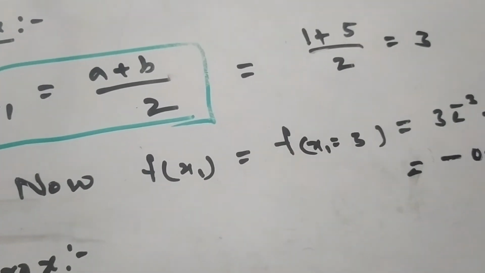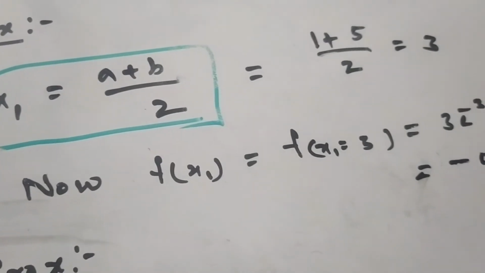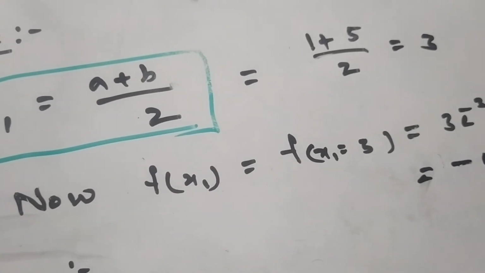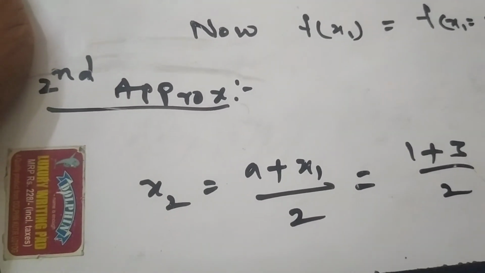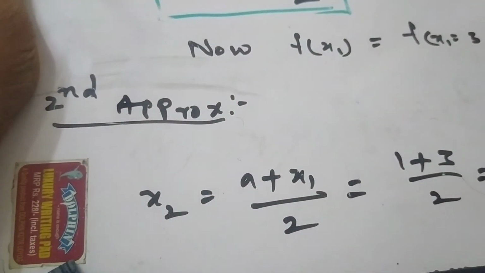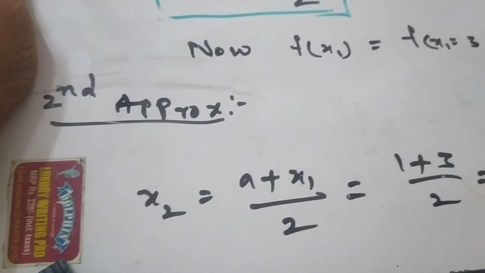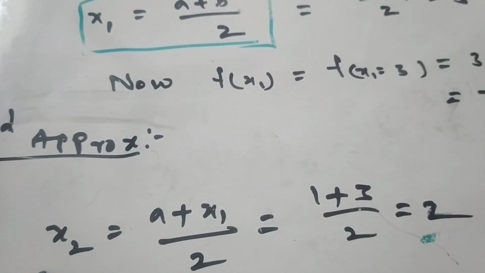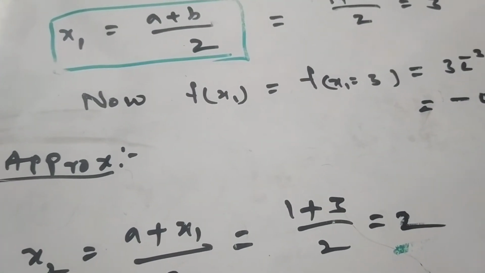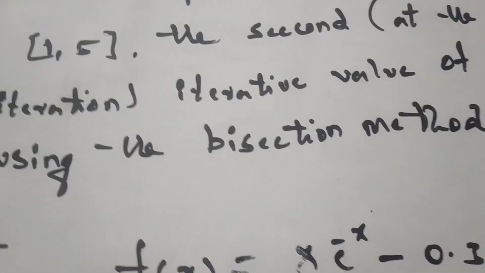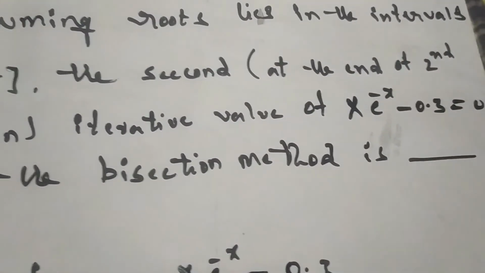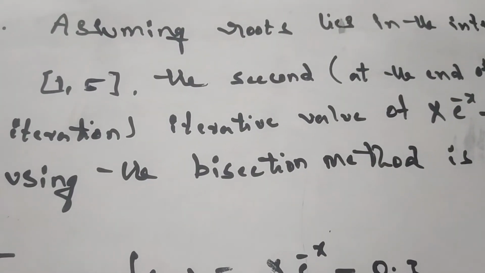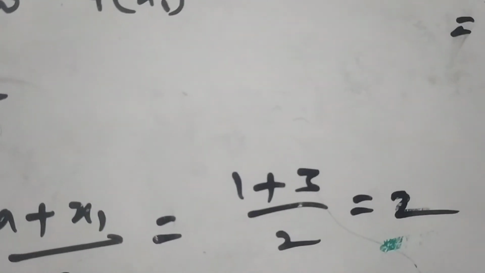So a is positive and x1 is negative, so we get the second approximation: x2 equals a plus x1 divided by 2, that is 1 plus 3 divided by 2, so the answer will be 2. The question clearly mentions the value at the end of the second iteration, so the answer is 2.